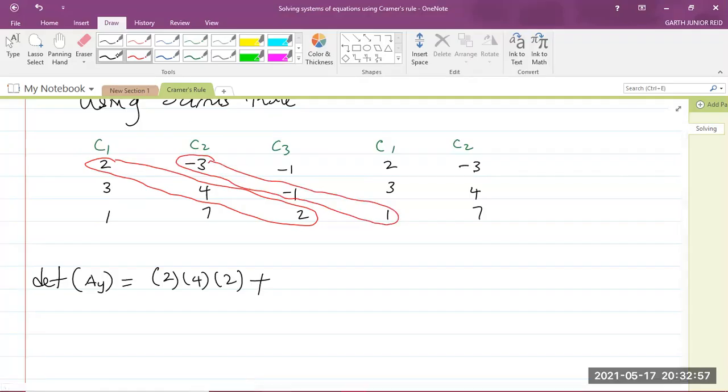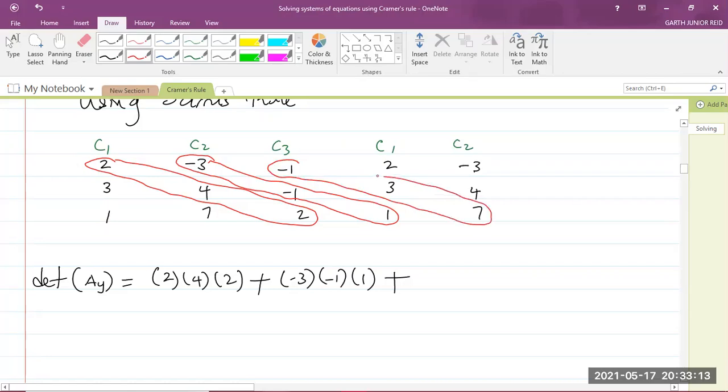So that's -3 times -1 times +1, plus the last diagonal, which is -1, 3, and 7.